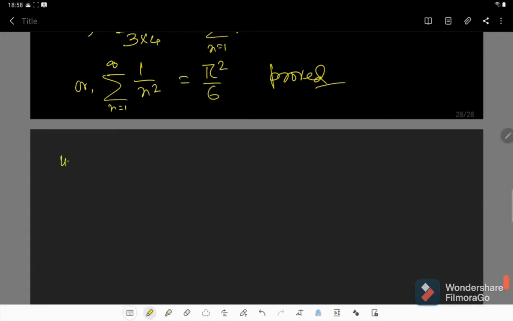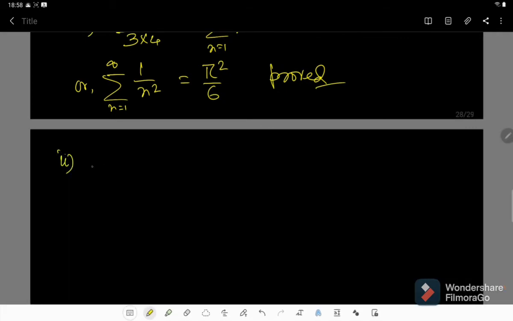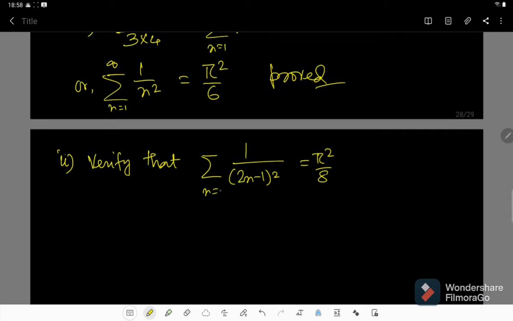Now we have to verify that sum of 1 by 2n minus 1 whole square is equal to pi square by 8. Now let's write this.